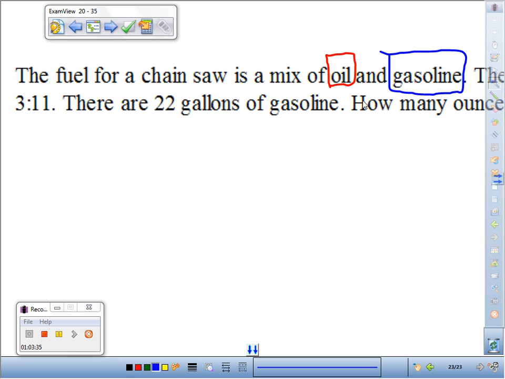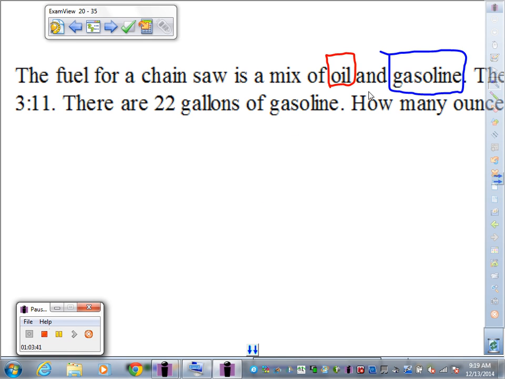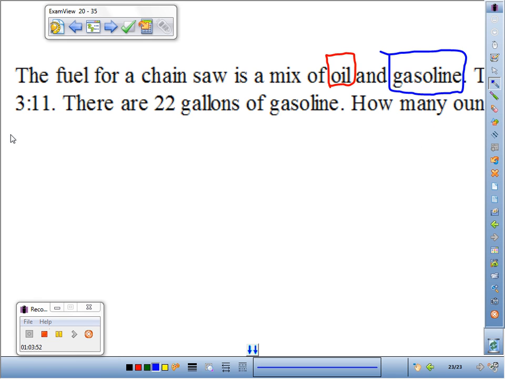Gasoline. Why is that so important? Because when they give us the ratio, the first number corresponds to the first one that they mentioned, which is oil. The second number corresponds to what?